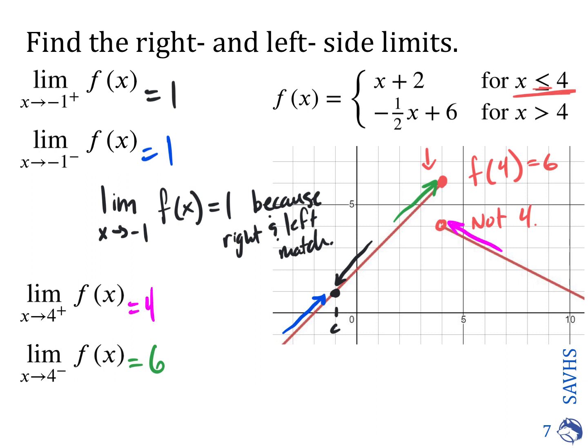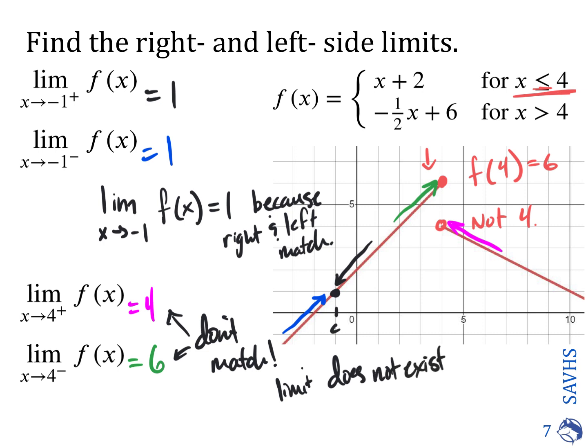And since those don't match, we have to say that there is not a limit there, or the limit does not exist at 4. Because the two-sided limits don't match. So the left side and the right side don't match, therefore the overall limit does not exist there.